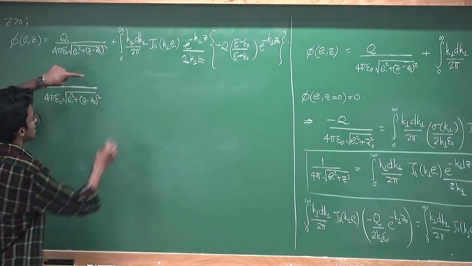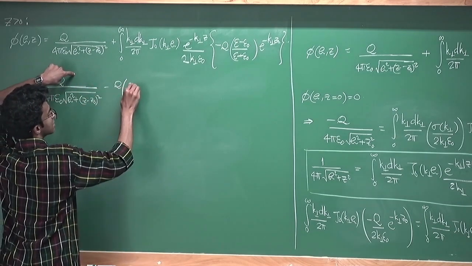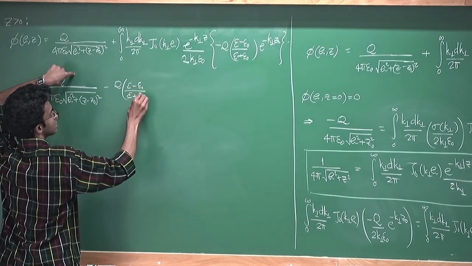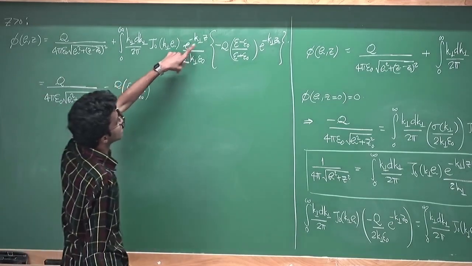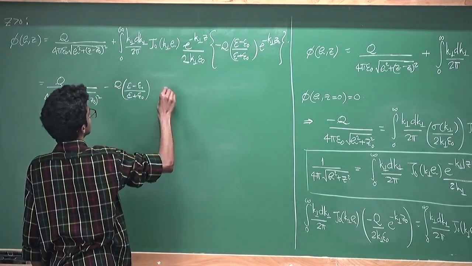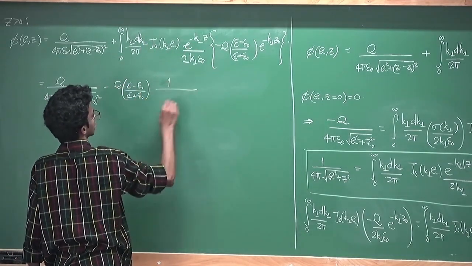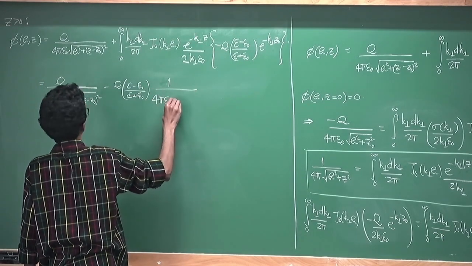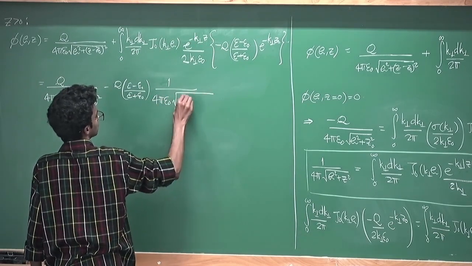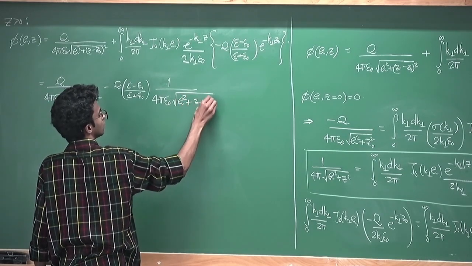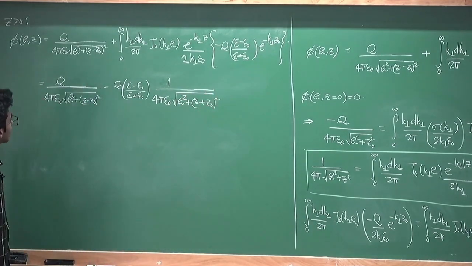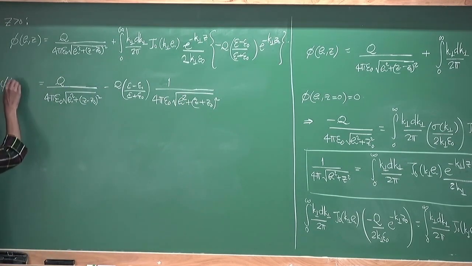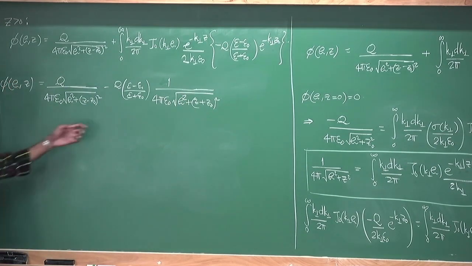And then you have a minus q epsilon minus epsilon naught by epsilon plus epsilon naught. Okay. And then since the exponentials add up, the rest just becomes a Coulomb Green function at minus z naught. Again, we have some method, we have some image charge.